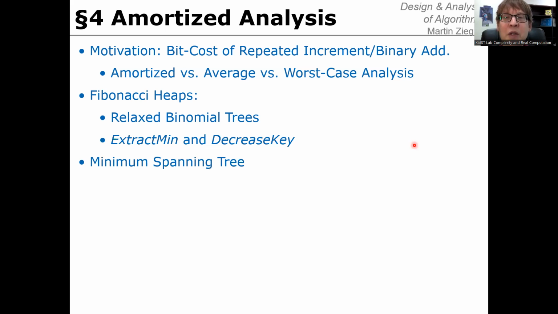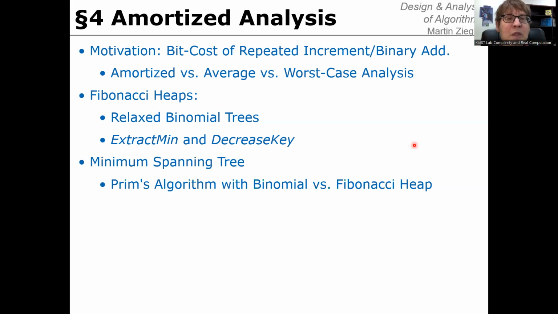Then we talk about applications of this priority queue realization based on Fibonacci heaps, namely applications when computing minimum spanning trees in a previous algorithm, which we had analyzed before with binomial heaps, and now we're going to analyze it again building on Fibonacci heaps.